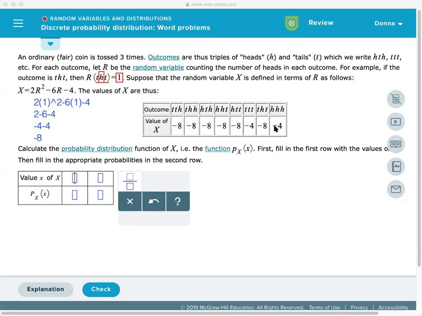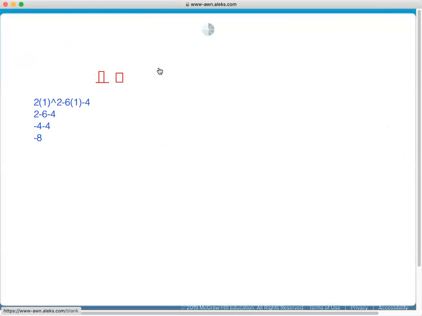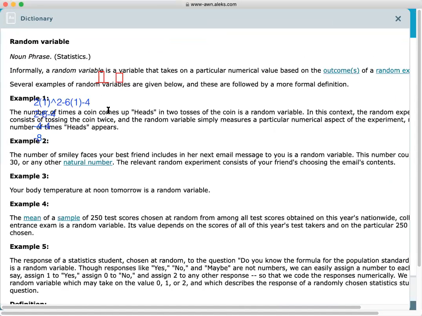And so those values are all computed for you, so you really don't have to do this computation. I just wanted to explain where they came from. A random variable, if you recall, is a variable that takes on a particular numerical value based on the outcomes of a random experiment.